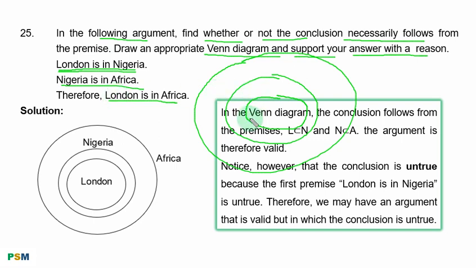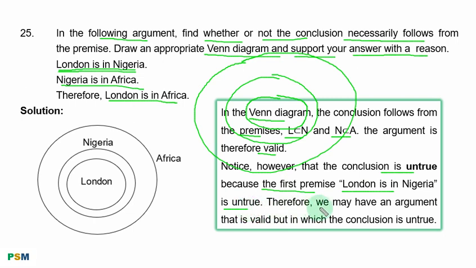In the Venn diagram, the conclusion follows from the premises. London, subset of Nigeria, and Nigeria, subset of Africa. The argument is therefore valid. Notice, however, that the conclusion is untrue because the first premise, London is in Nigeria, is untrue.